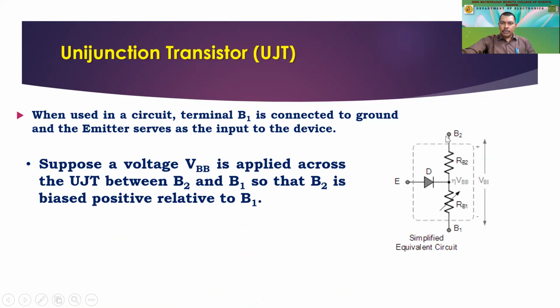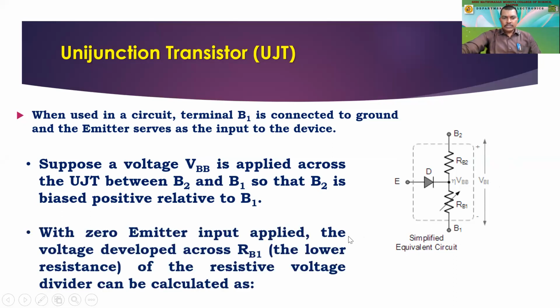So B2 is given a positive terminal, as you can see, and we call this voltage across B2 and B1 VBB, right? The total voltage applied across this is called VBB, and B2 is always more positive with respect to B1.